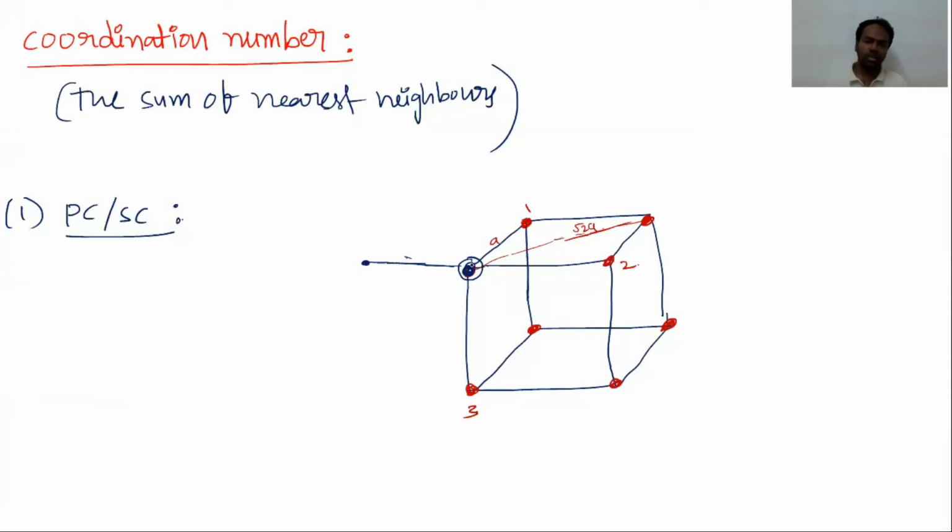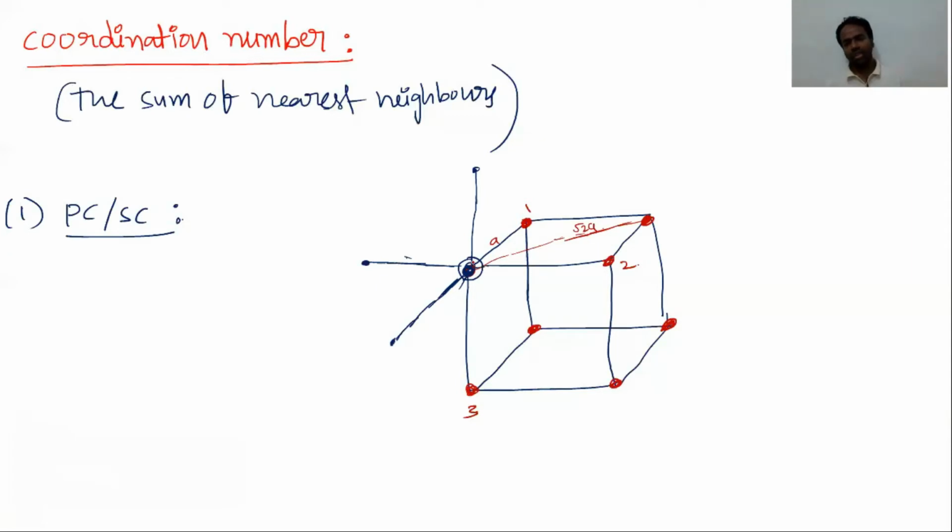There is one more unit cell present on top. Extending along this line, you get one more point, like X, like Y. So one more point to the front side, and one more unit cell is there.